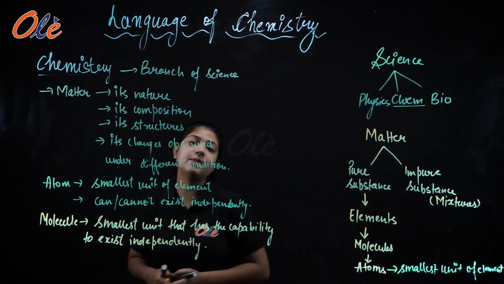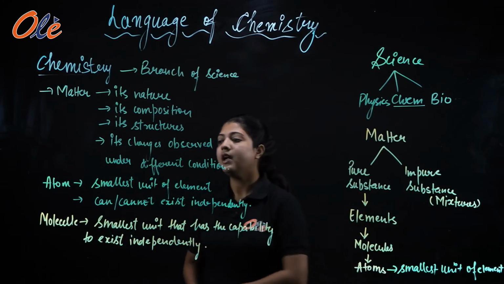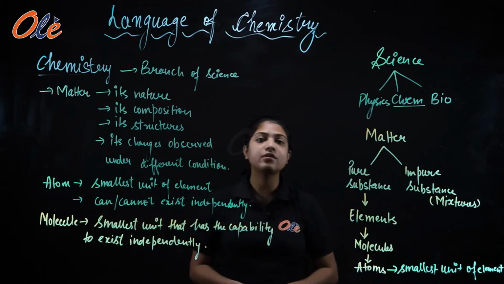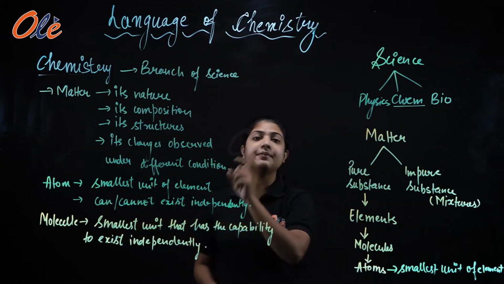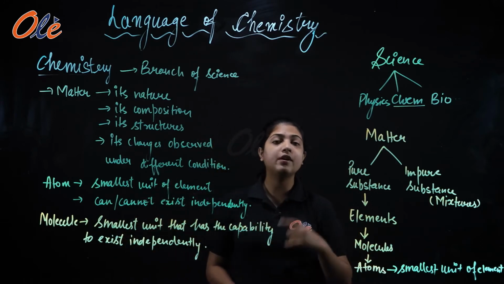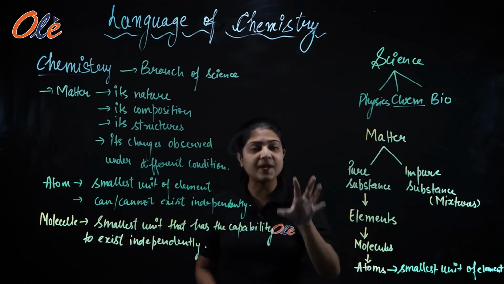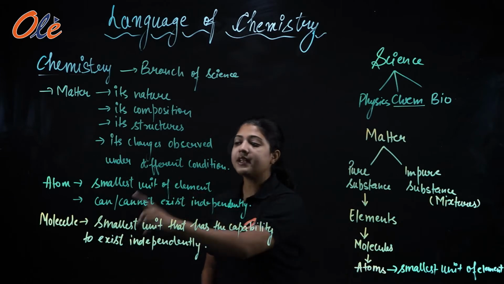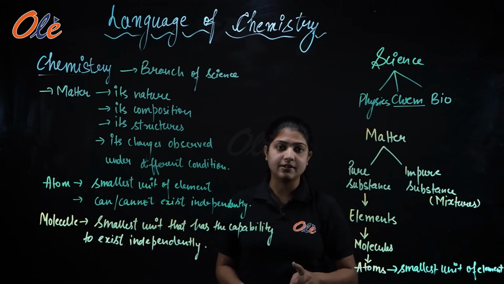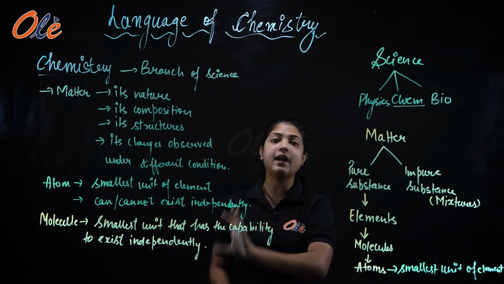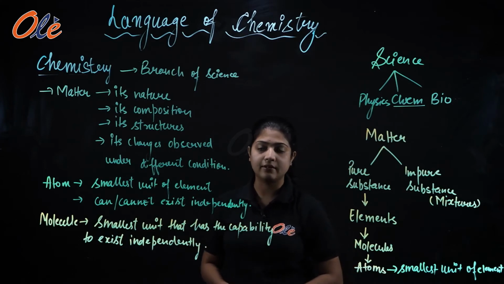See, there is a difference between atom and molecule. You will say, ma'am, atom is also the smallest unit, and molecule is also the smallest unit. Whereas atom is the smallest unit of an element, molecule is the smallest unit of a compound. Next, atom may or may not exist independently, whereas molecule can exist independently, right?